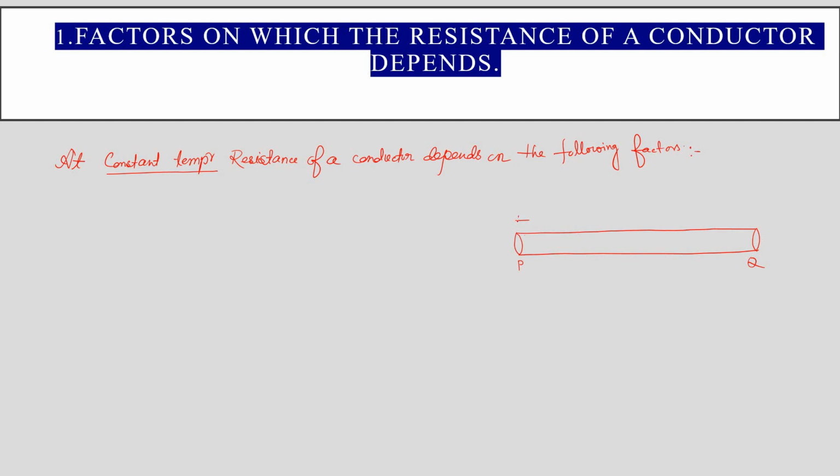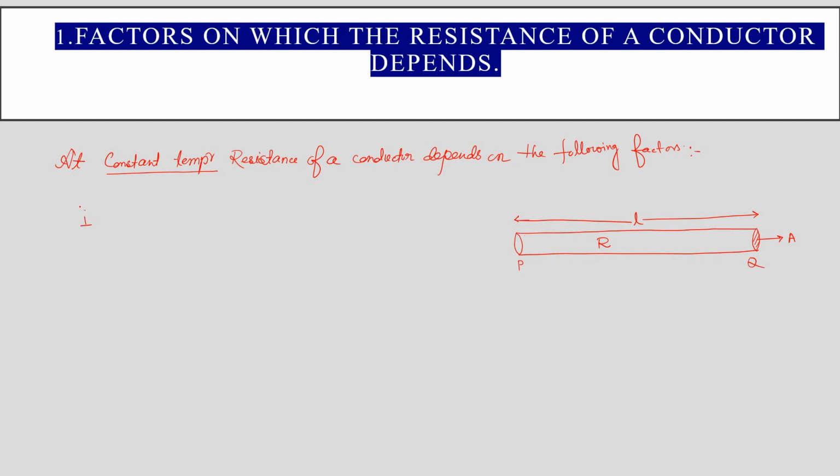Suppose the length of the conductor is L and area of cross section is A. In the previous lecture, we know resistance is represented by the letter capital R.